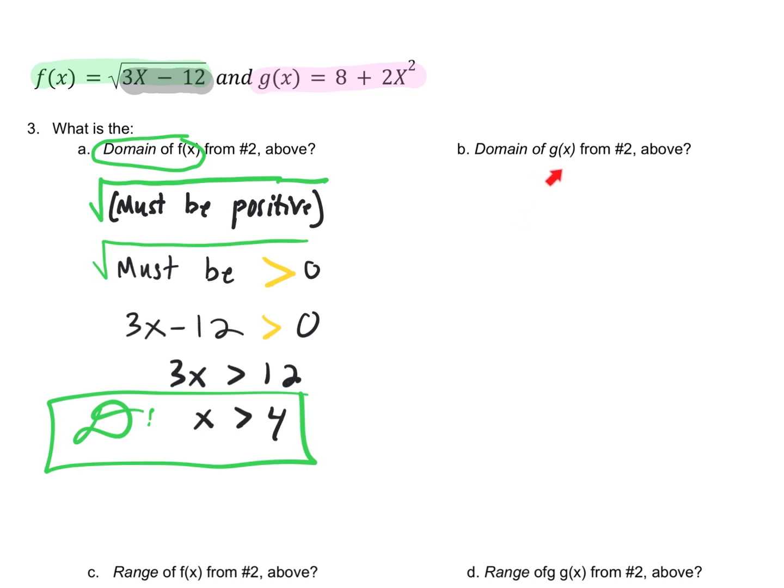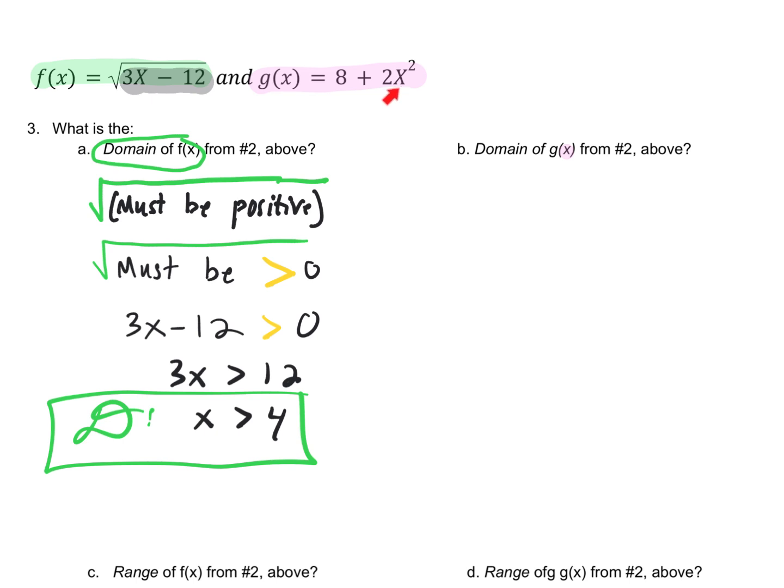All right, let's take a look at g of x's domain. So we are inputting x into the function g, and what are we allowed to put into this function? Well, what's happening to it is it's getting squared. We can square anything. We can square positive numbers and negative numbers. We can square 0. We can square fractions and decimals.